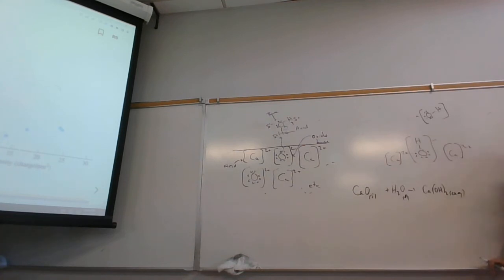This is what you might have learned in Chem 1A. You might have learned that metal oxides are basic. Calcium oxide is a metal oxide, so it's basic. You might have learned that non-metal oxides are acidic, and that semi-metal or metalloid oxides are what we call amphoteric.